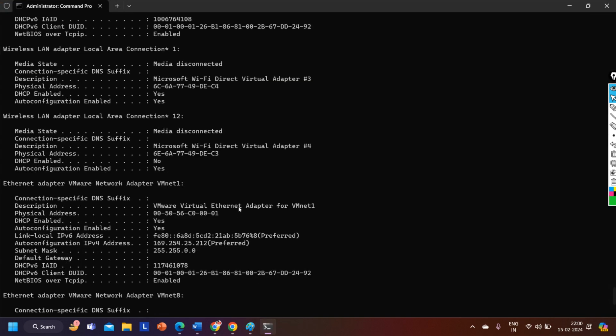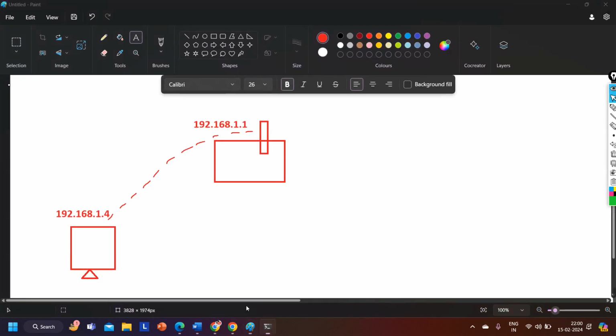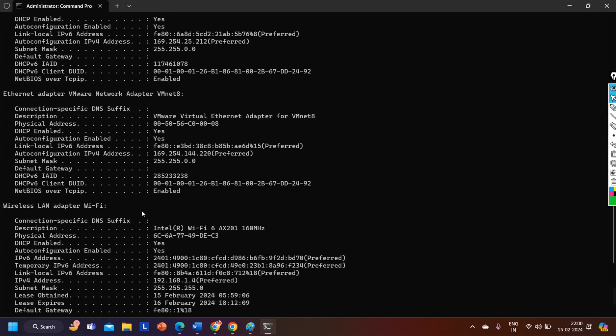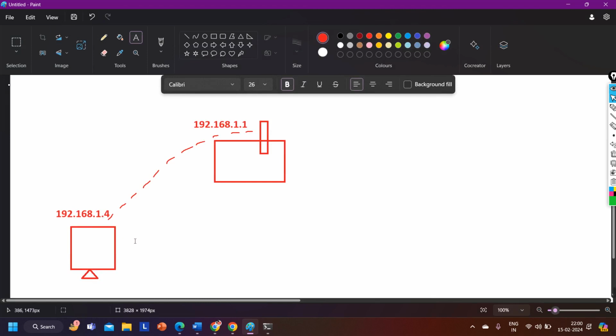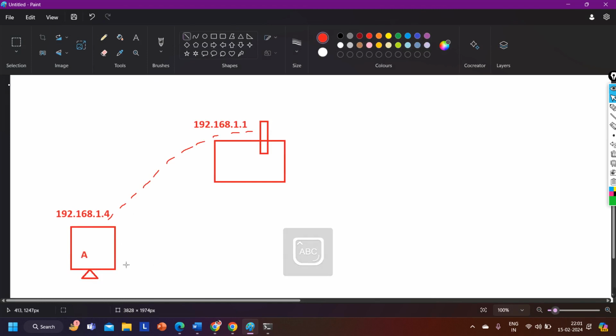Okay, for now just keep in mind that on one NIC port we can configure one IP address, and here is my scenario. In my PC there are multiple NIC ports, and on the multiple NIC ports there are different IP addresses, and two NIC ports cannot have the same IP address from the same subnet. Because let's say this PC is PC A, and it has some NICs, here NIC1, NIC2.